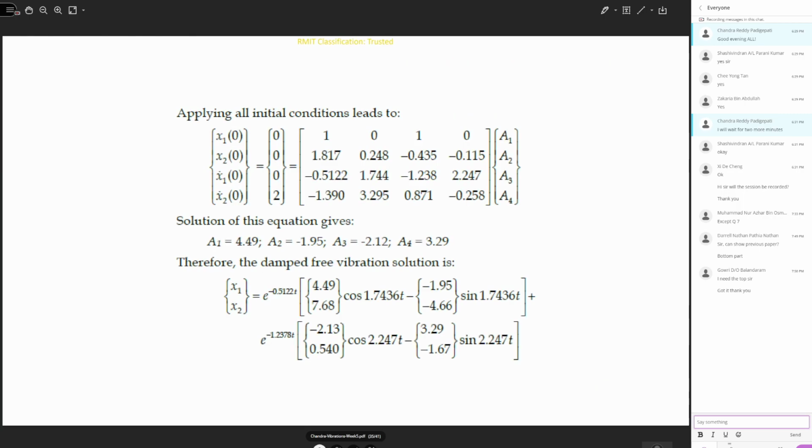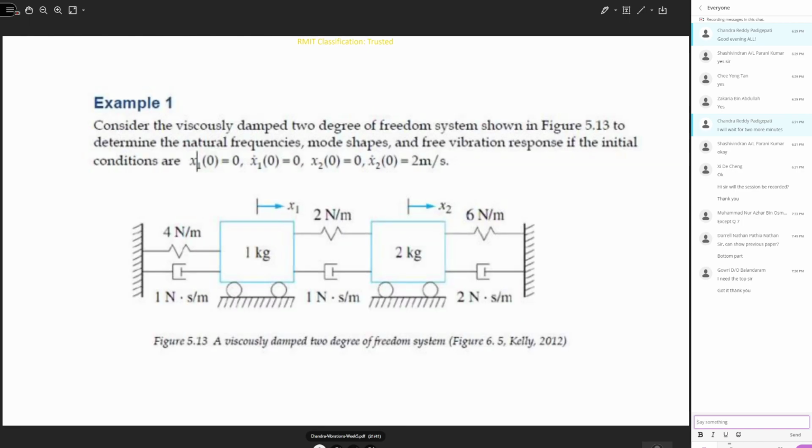That's all. So you may note down this example. This is only for the assignment. In exams, you will not be asked this type of question. Okay, so this is a damped free response system with initial conditions. So you need to find out the free response of the system, including the natural frequencies, mode shapes, etc.